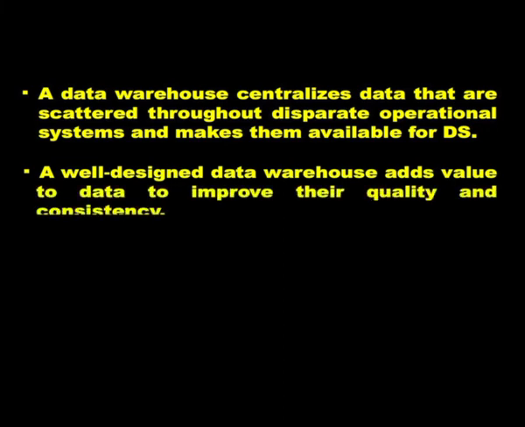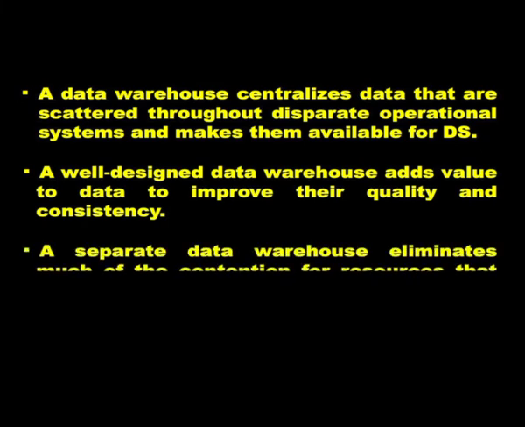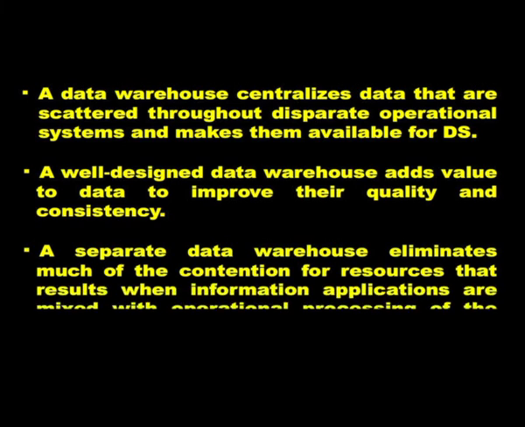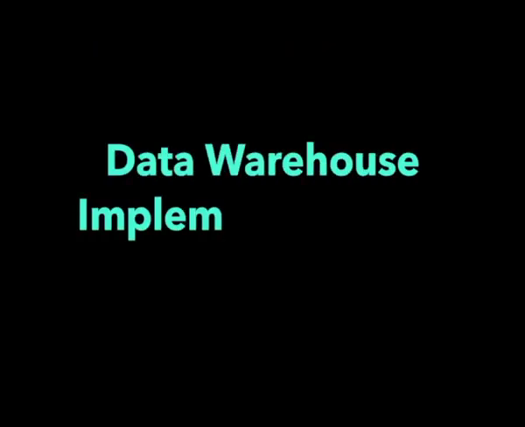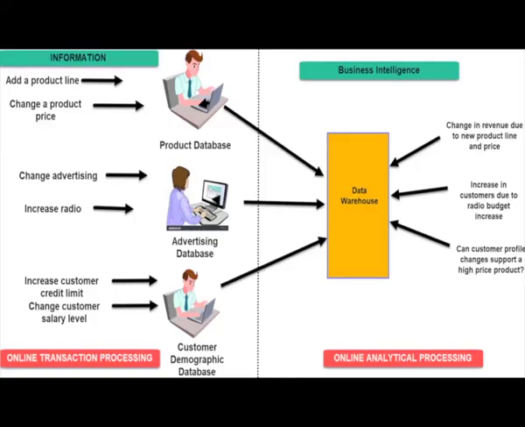Next reason, a well designed data warehouse adds value to data to improve their quality and consistency. A separate data warehouse eliminates much of the contention for resources that results when information applications are mixed with operational processing of the data.